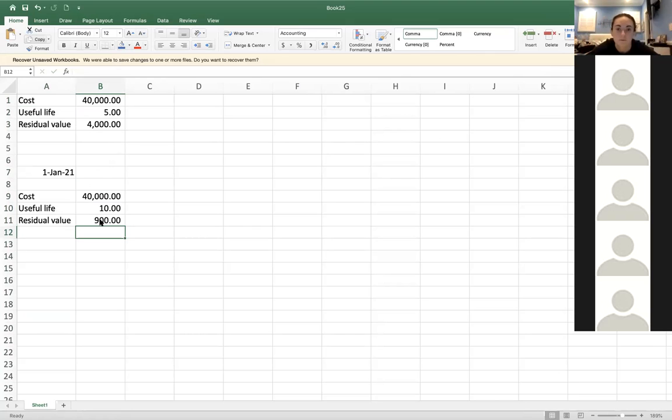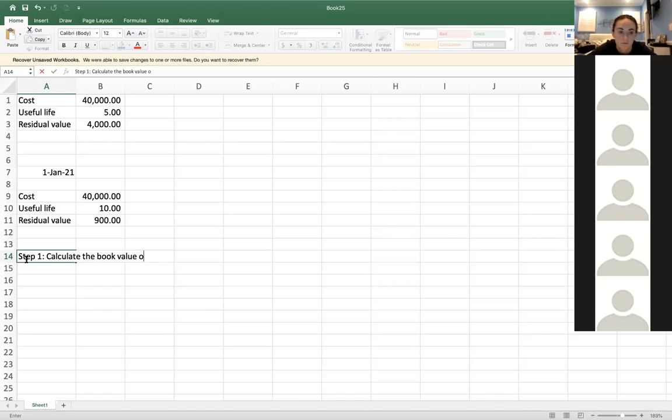So what we need to do when we have a change in estimate is calculate step 1. Calculate the book value as of the date of change. So calculate the book value as of the date of change.